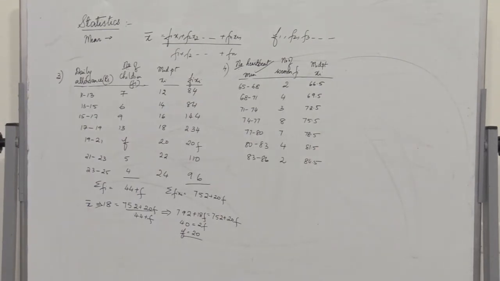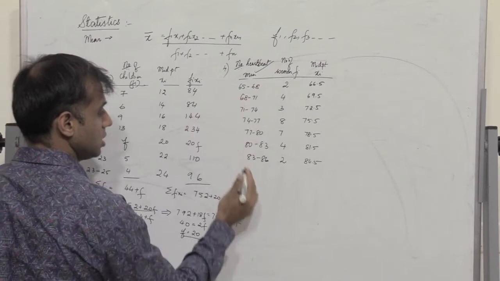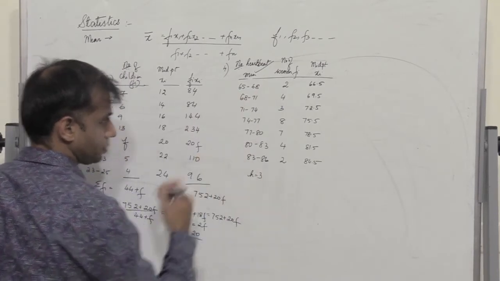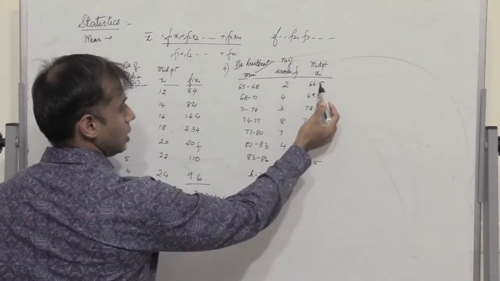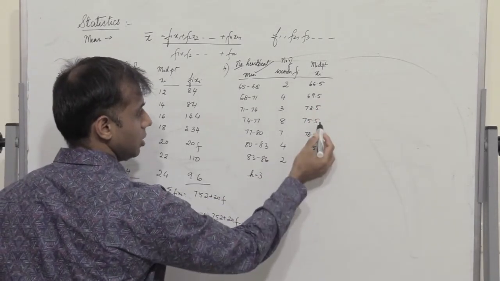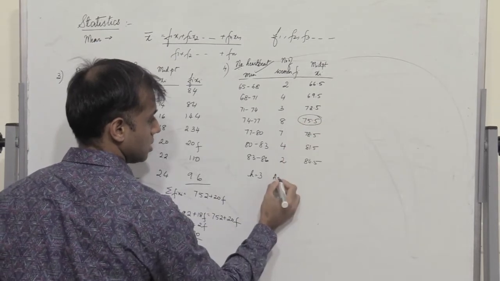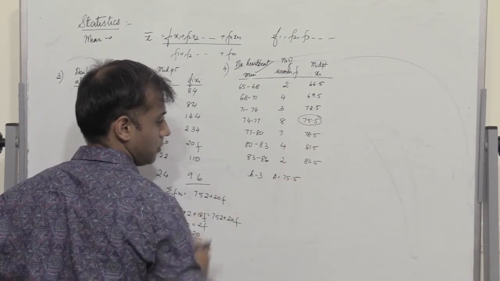Again, let's try to find the class interval, right? The class interval is the interval which is 65 to 68. So h is 3. And let us try to find the mean value A. There are 1, 2, 3, 4, 5, 6, 7 entries. So the fourth entry A is 75.5, right?